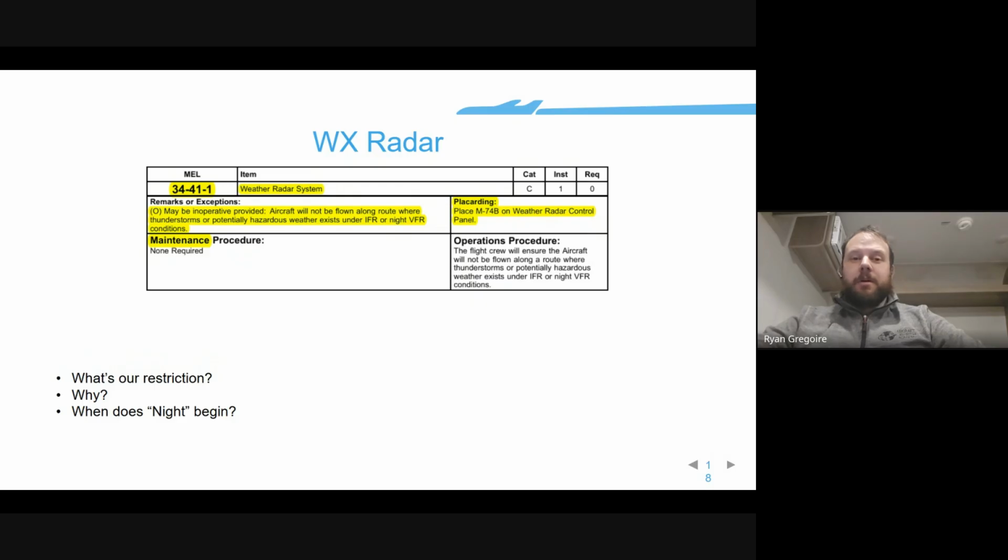If this comes up on your practical, I just wouldn't route that plane anywhere that could be considered close to hazardous weather.